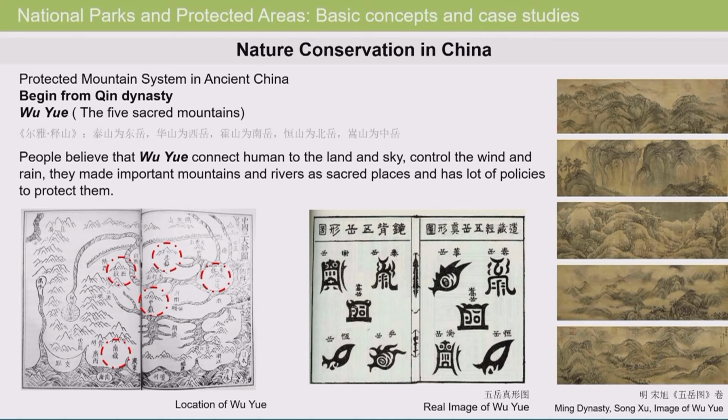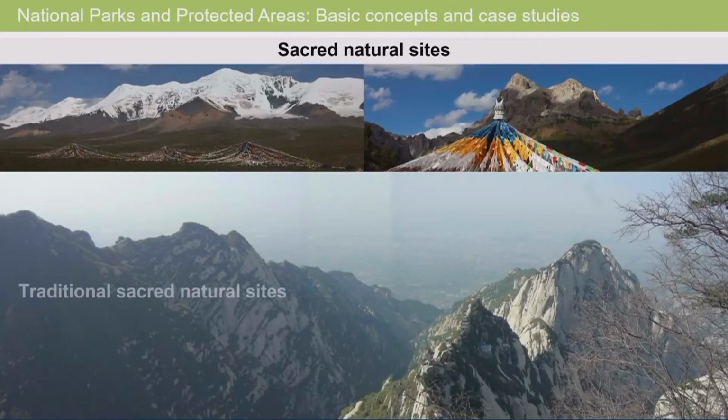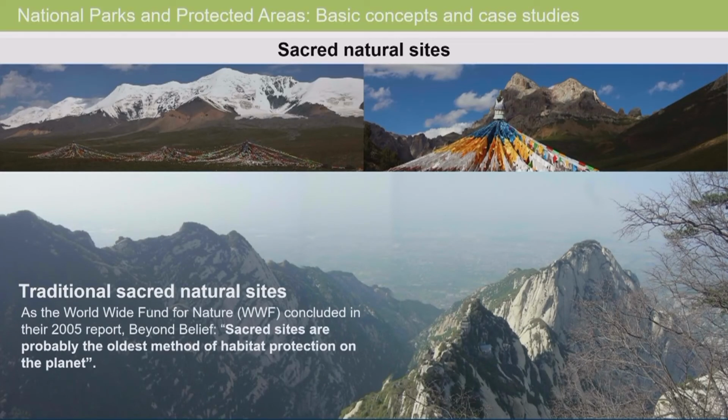And ancient Chinese people believed that Wu Yue connected humans to the land and the sky, and also controlled the wind and the rain. So these sacred mountains, or we can say sacred natural sites, are actually the oldest method of habitat protection in the world, before the national park concept occurred in modern times.